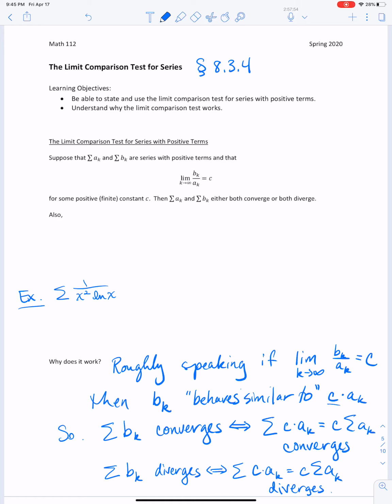The extra bits we can squeeze out are if we happen to choose a less efficient comparison series.